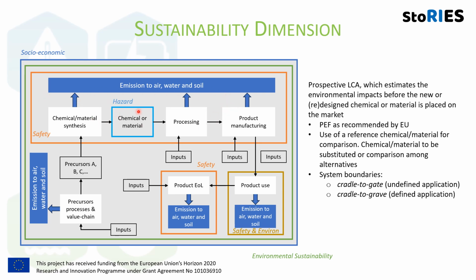Of course, the hazard, because it's intrinsic to the material itself, is connected only with this stage, and the safety is also connected with the end of life, because there are processes in which workers can be safe and cannot be in contact, let's say, with substances of concern. And regarding the use phase, we need to look at safety for humans and also for the environment.